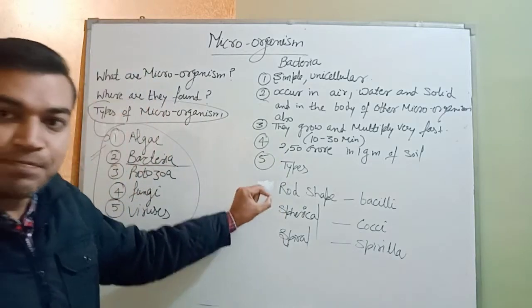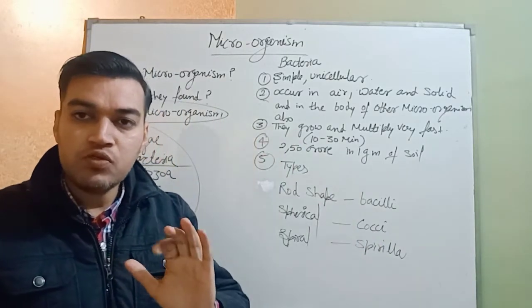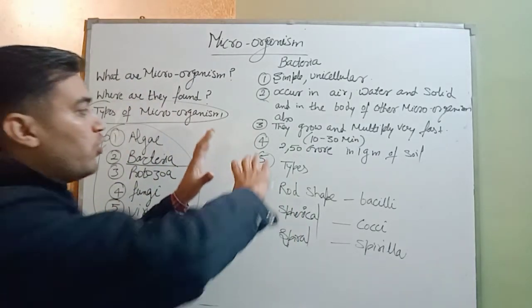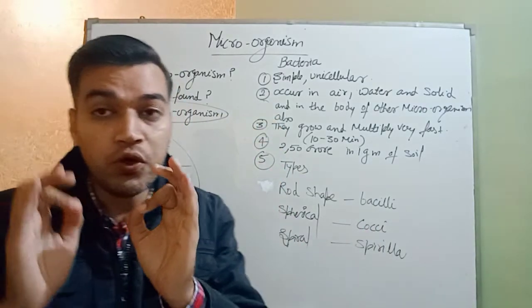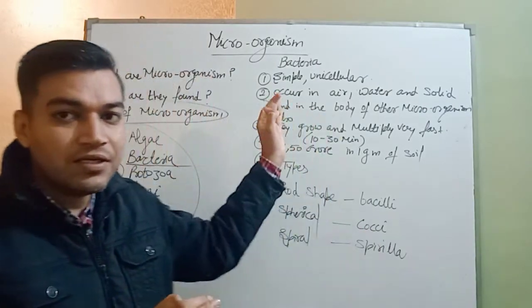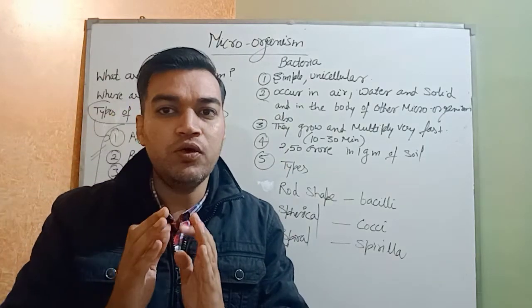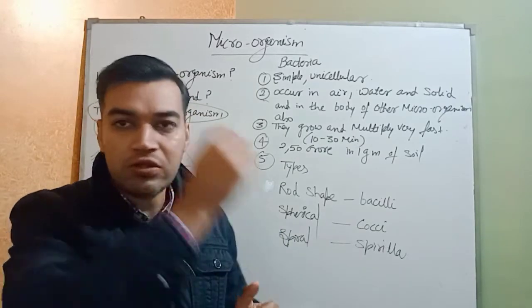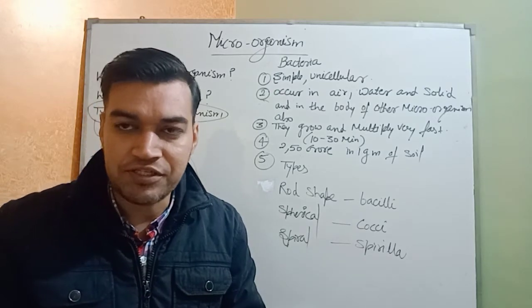And if they are spiral shaped, we call them spirilla. So these are the classification of bacteria, and these points are all related to bacteria. You should learn these points. Whenever a question comes in your exam asking you to explain bacteria, you have to mention all these points in your answer sheets.